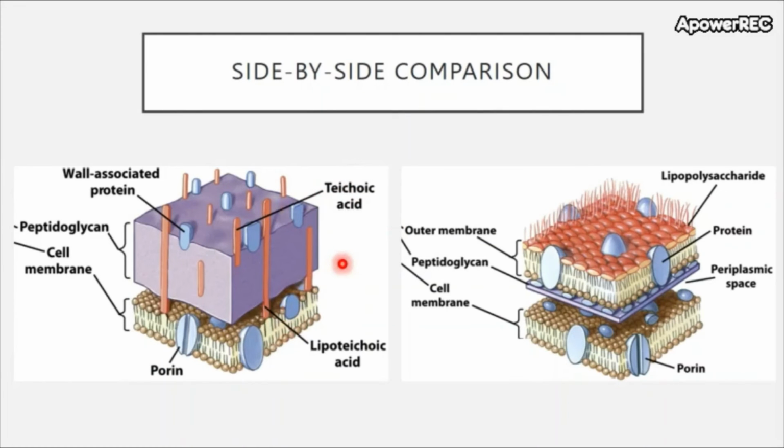That'll be good enough. Again, I'm not looking for an artistic representation of a gram-positive or a gram-negative bacterium. All I'm looking for is that you understand the structures and where they exist in space and which ones are present in a gram-positive and which ones are present in a gram-negative.